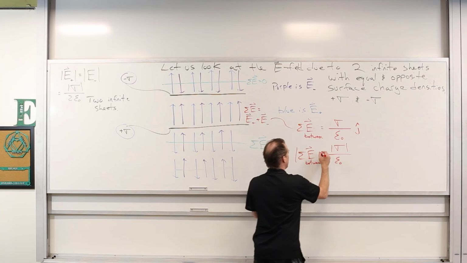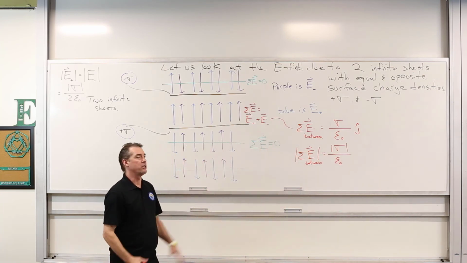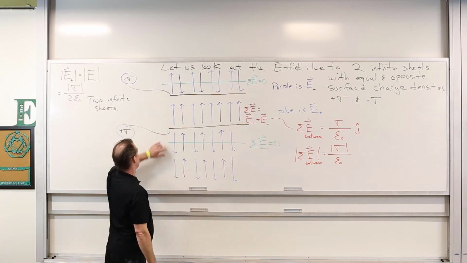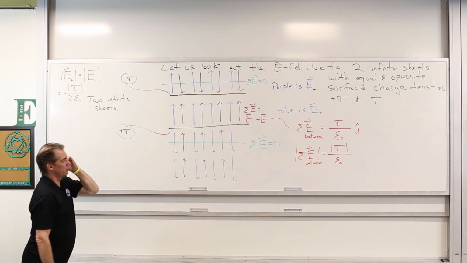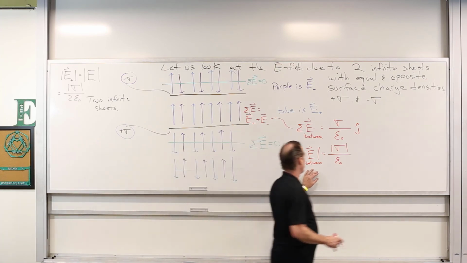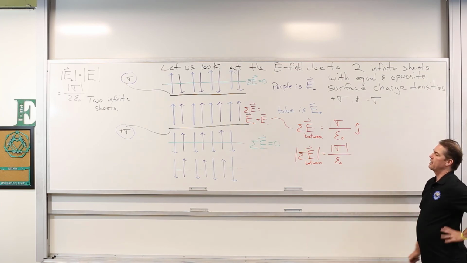Absolute value, and this is the magnitude. There it is. The direction depends on the orientation of things. We could flip it around and have this plus, this minus. So the direction depends on the geometry of things, but we can always say this is the magnitude, as long as we have plus and minus the same charge densities.